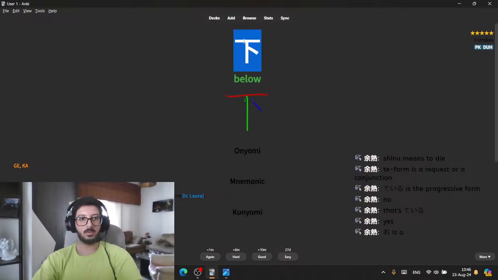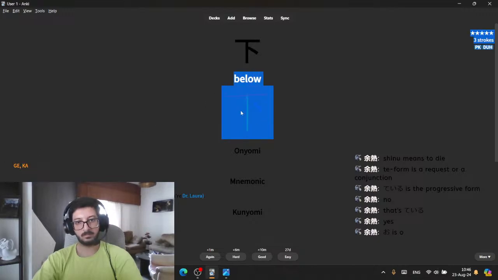Ah, below, yes. Ge. The gay fella was below your car, cutting your brakes. Is ge below ge?